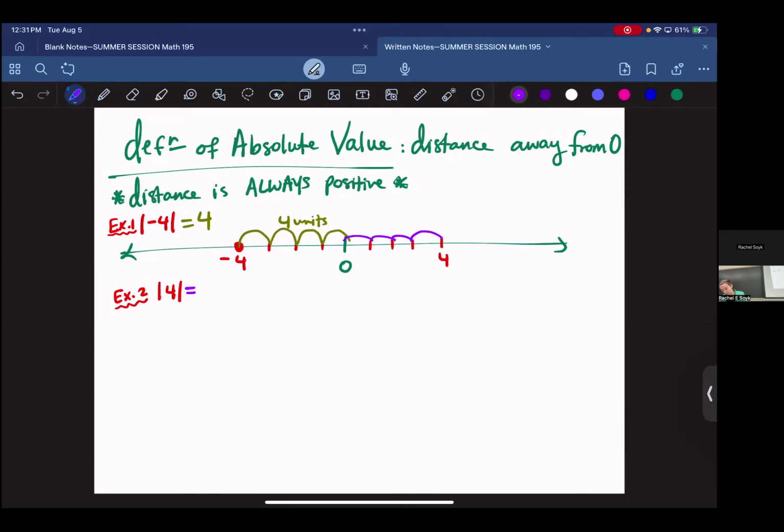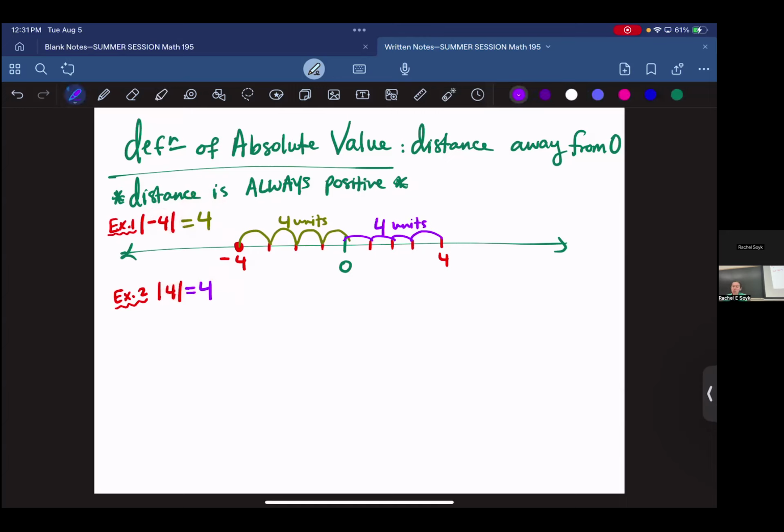Also 4. So you're always shooting out a positive version. Was that your question? Yeah, so whether it's negative or positive inside those absolute values, it's always going to spit out a positive.